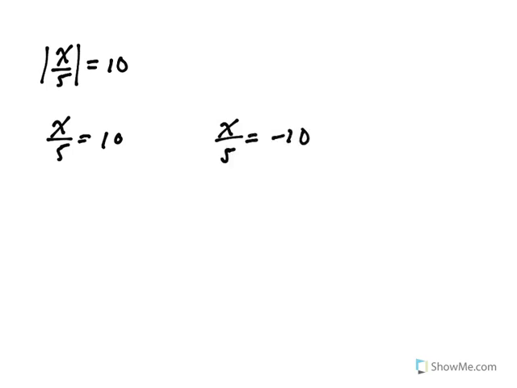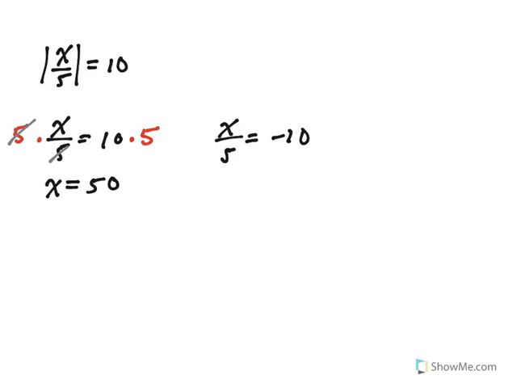And now we want to solve the equation for x. Remember, x divided by 5, the opposite of division is multiplication, and we multiply by whatever the denominator is in the fraction. We do that to both sides. And why do we want to do that? Because we want the 5s to cancel. And then you're just left with x equals 50.